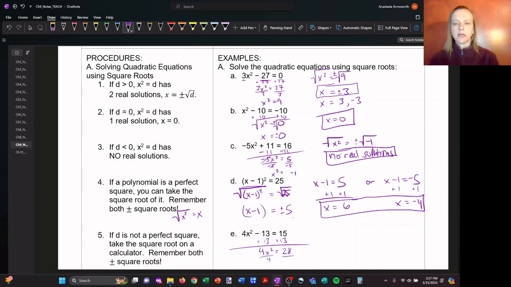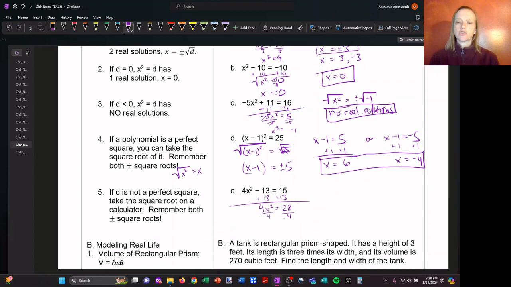Well, I can divide both sides by 4, and that's going to give me x squared equals 7. So now I can take the square root of both sides of the equation, but I'm going to have a positive value and a negative value. So x is going to equal the positive square root of 7 or the negative square root of 7.